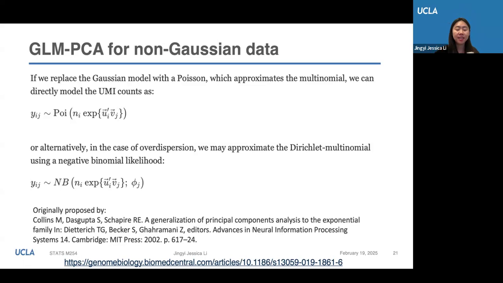So I'm skipping the details of doing the MLE, maximum likelihood estimation, but that's an optimization problem, trying to find UI and VJ. And the motivation is that the data they want to find low dimension embeddings for are non-Gaussian.